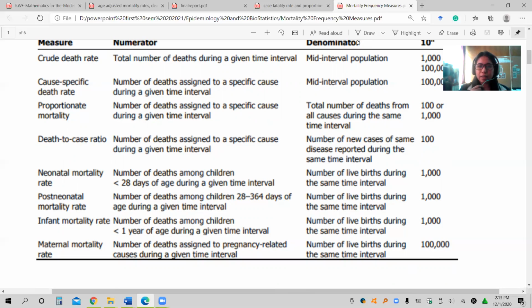For infant, it is children less than 1 year of age during the given time interval, while for maternal mortality, it's the number of deaths assigned to pregnancy-related causes during a given time interval.